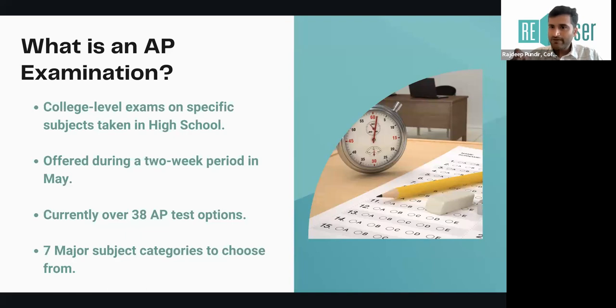Now, what is AP if you really look at it? In the US, unlike in India, where we have an IGCSE curriculum, IB curriculum, CBSE, ICSE, state board, we have a lot of curriculums. But in the US, they don't have any national curriculum. What ends up happening is every state will follow their own curriculum.